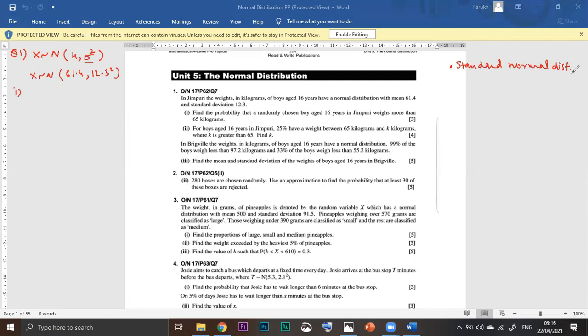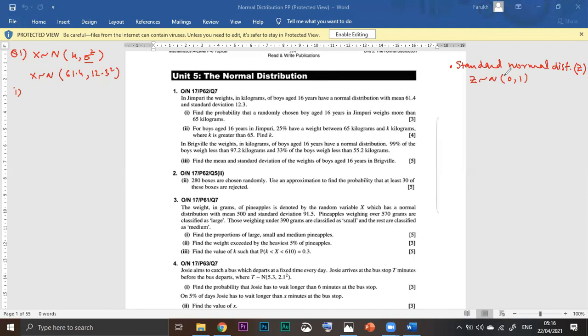And this one is denoted by Z. Standard normal distribution is a distribution that has mean 0 and variance 1. A distribution with mean 0 and variance 1 is considered to be a standard.